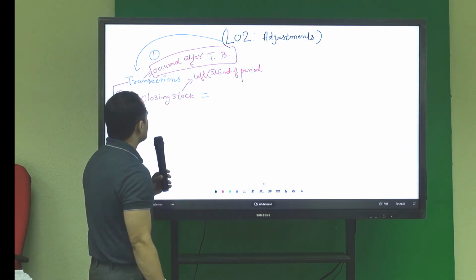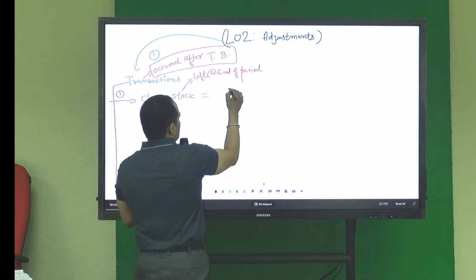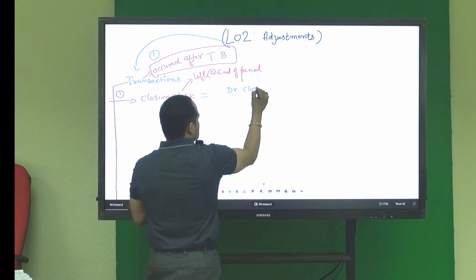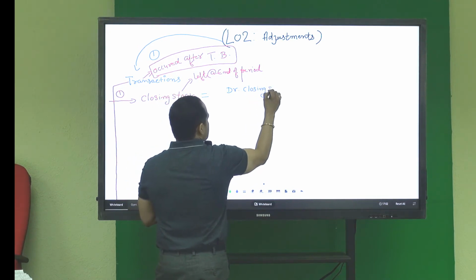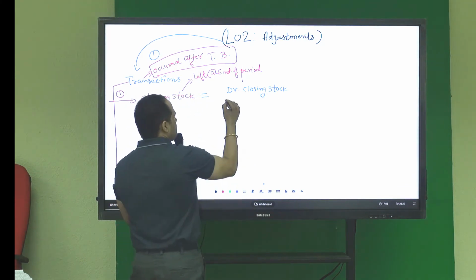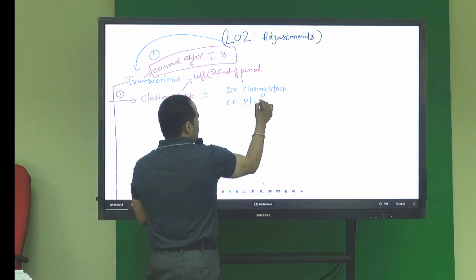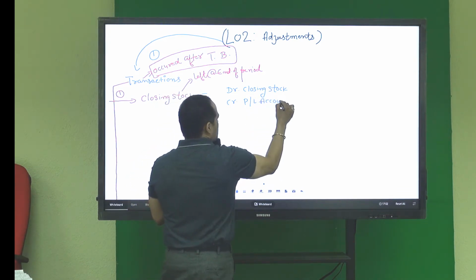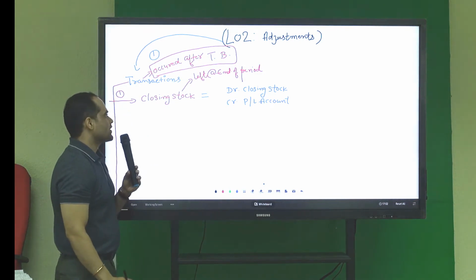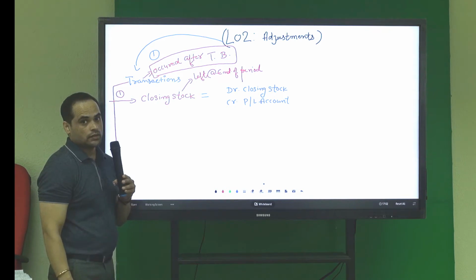So, journal entry is debit closing stock, alright, credit profit and loss account. That would be the journal entry for this closing stock. Alright.